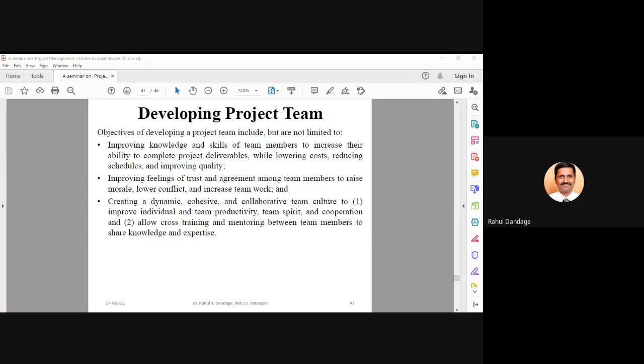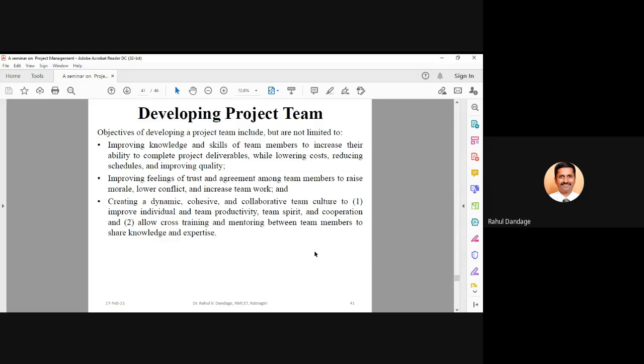So similar to this, it may be a sports event, any event management, or organizing a certain function. Everywhere you will have a certain project team under you, and that project team must be developed properly, because simply hiring a project team is not important.